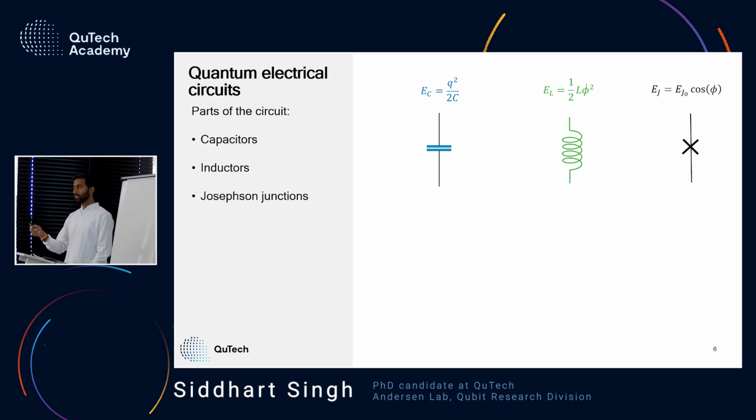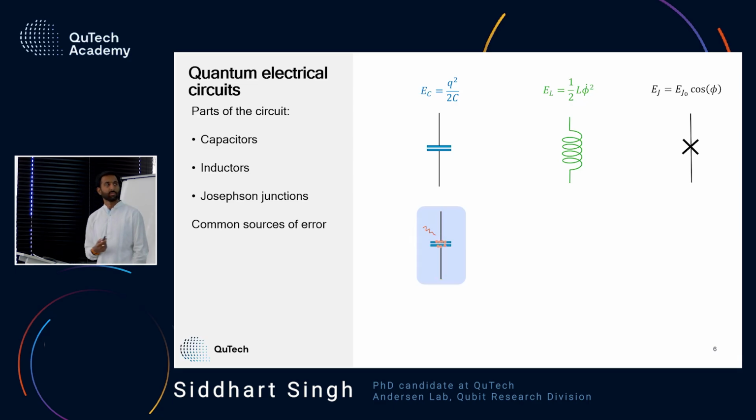But each of these components has its own channels of errors. Common sources of error for a capacitor are basically stray charges on the capacitive plates. For an inductor, it could be magnetic fields in the environment, so having some flux noise.